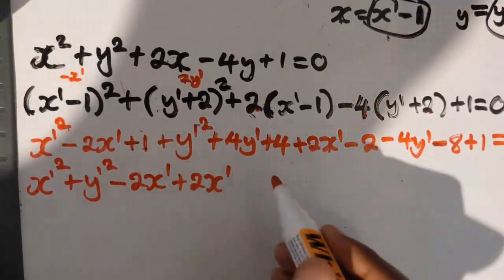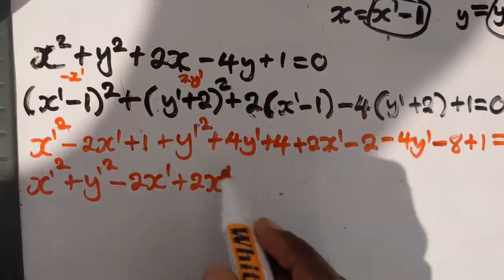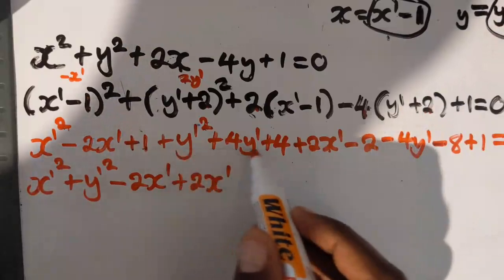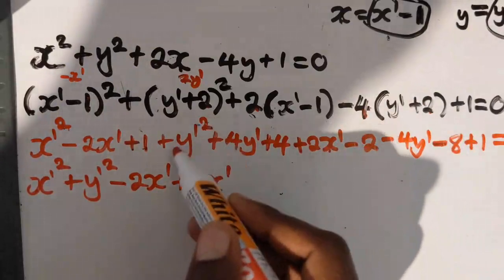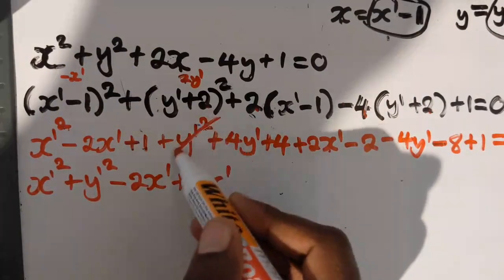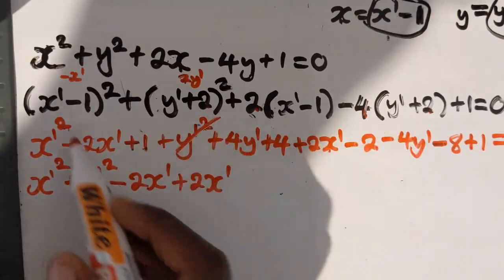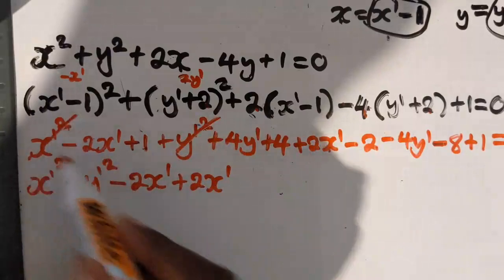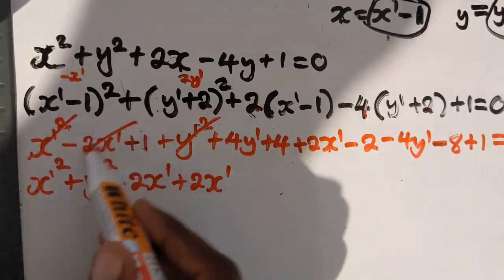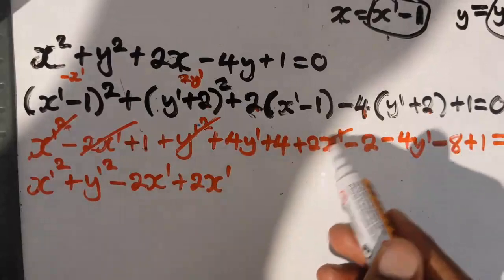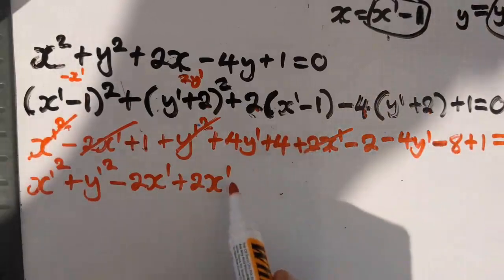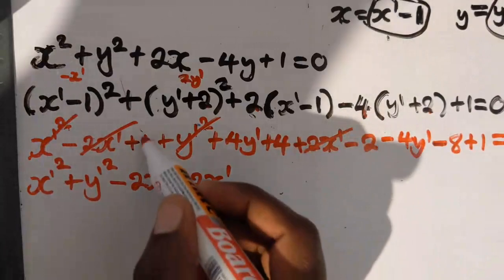Then here, what do we have next? Those ones which have just y prime. So we have gotten this, we have gotten that, and we have also gotten that. We have also gotten this, which is this one. We have also gotten that one. Okay, so don't forget this one.